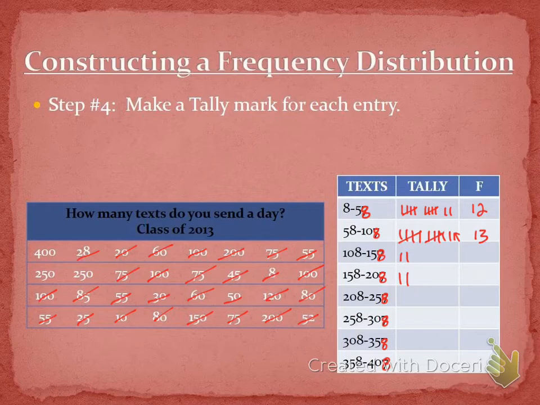And then 208 to 258. There's 1, 2 there. 258 to 308. There's none. As a matter of fact, we don't get to another one until 400, so we put a tally mark there. And so there's our frequency distribution.